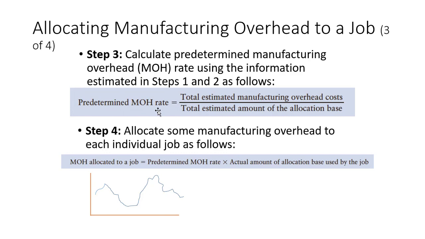We use this overhead rate. But then here's the tricky part. Now we've got this predetermined overhead rate. The way it's allocated to a job is we multiply it times the actual amount that's been used by the job, the actual amount. That's the important thing there.